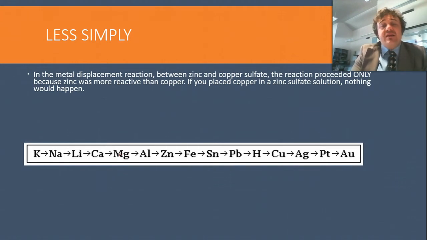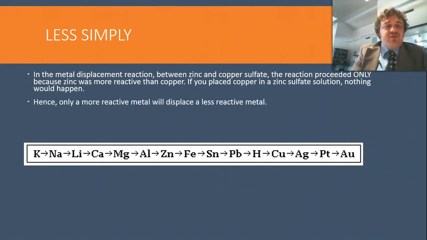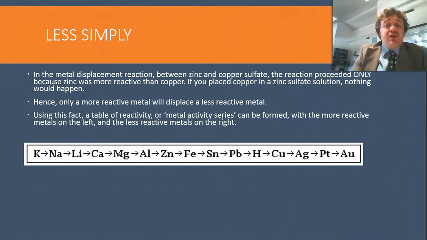But if we place zinc in it, the zinc will dissipate out and will dissolve in, and the copper will solidify. So only a more reactive metal will displace a less reactive metal.